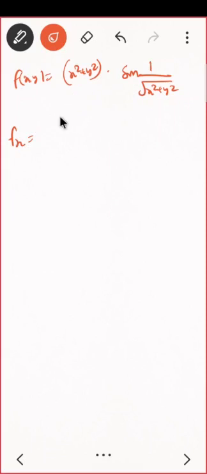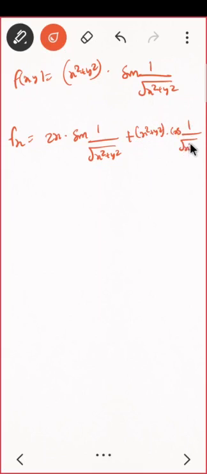That is, x square gives 2x into sine 1 upon root of x square plus y square as it is, plus x square plus y square as it is, into cos 1 upon root of x square plus y square into the derivative of 1 upon root of x square plus y square. The derivative of 1 upon root is 1 upon 2 root, so it will be minus 3 by 2.